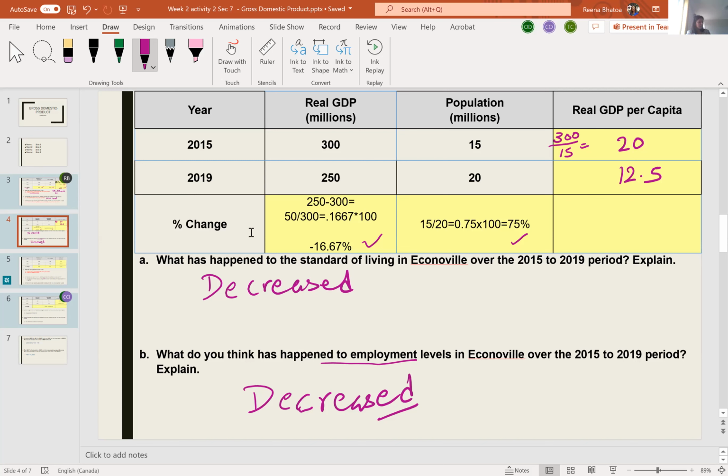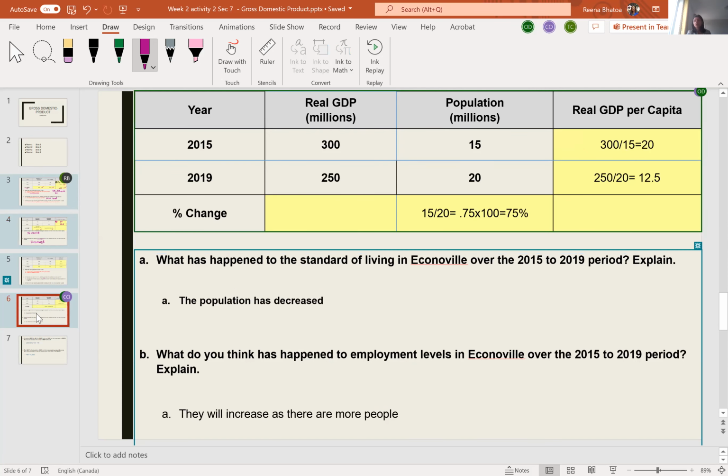Okay, just checking what room 4 did. Yeah, so they are trying to fix it. That is wonderful. Yeah, population has increased. Real GDP per capita has decreased, so standard of living decreased. And yeah, not more people, more jobs.